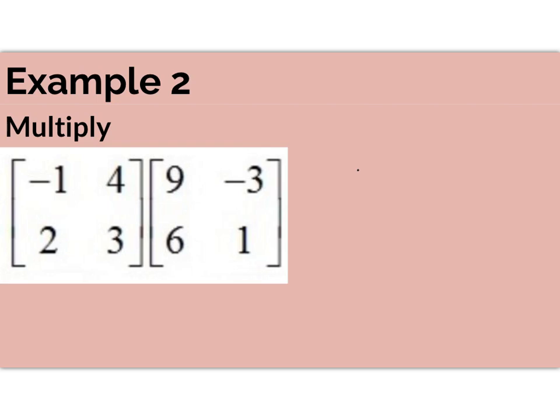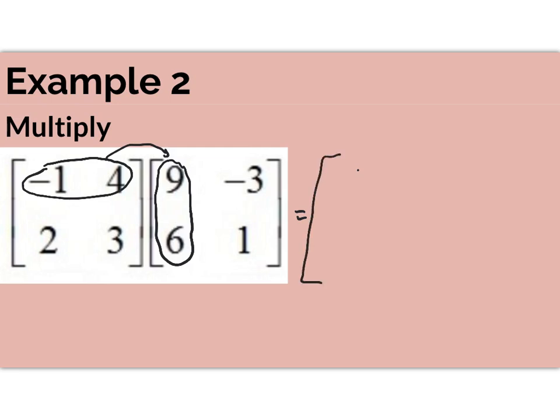Okay, so let's pick up this matrix from what we saw in the examples at the beginning. So this whole row in the first matrix is going to multiply to the first column. And this is going to give us the element here in the top left. So -1 times 9 is going to be added to 4 times 6.